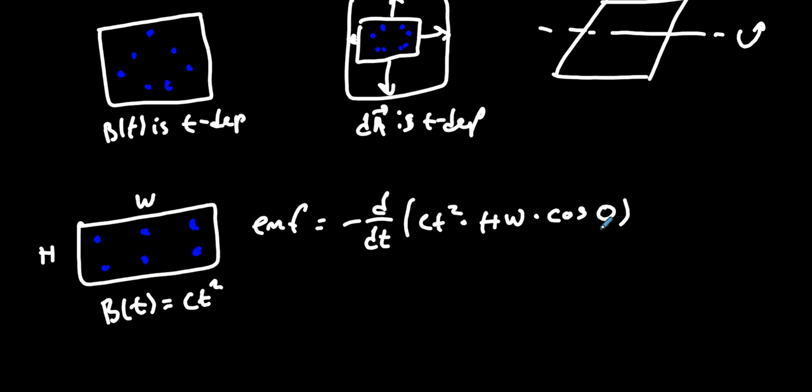So the angle is 0 between them, and cosine of 0 is just 1. The derivative of Ct squared is just 2Ct, and HW can be moved out because it's constant. So we have that the EMF is equal to negative 2Ct HW.